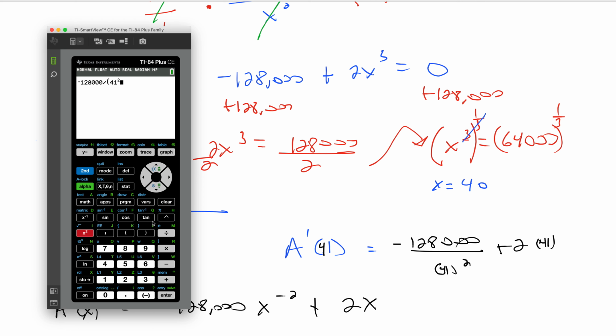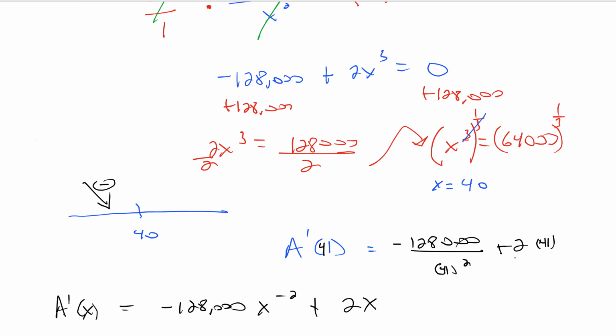Bam. And then you're going to do plus 2 times 41. And then we get 5.85, which is positive. So, all right, we've established we have a minimum.